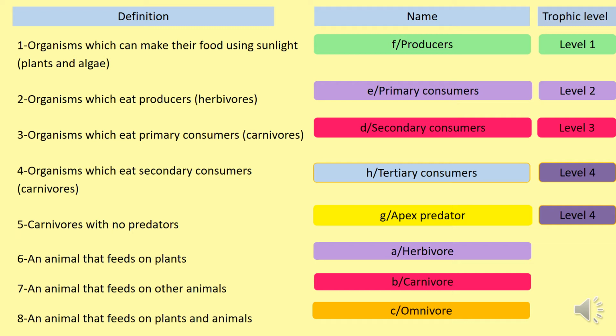Just coming up to 3 minutes. Just a reminder that we are reproducing the table in front of you, including the trophic level column.